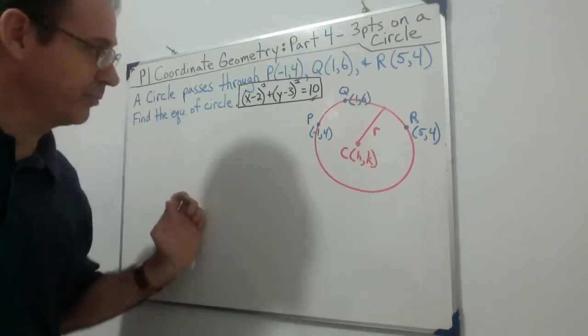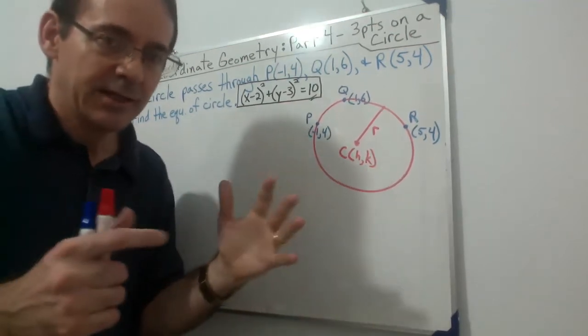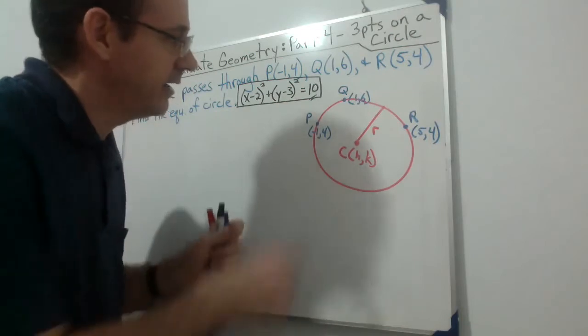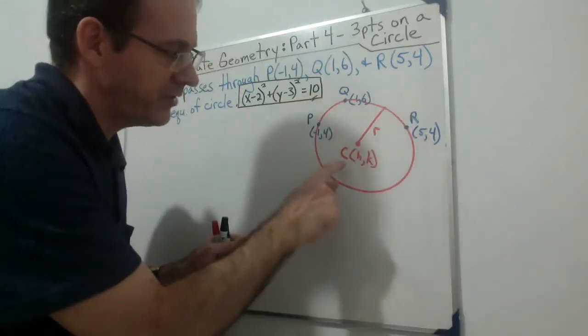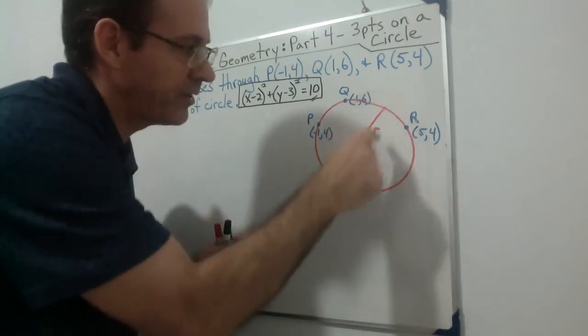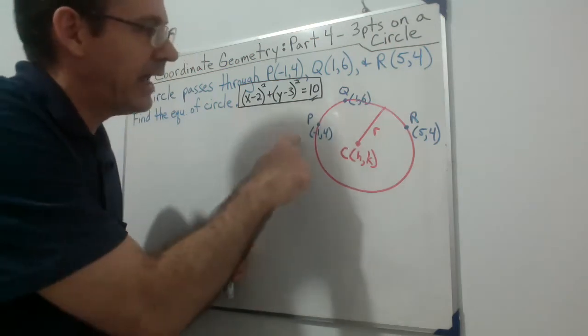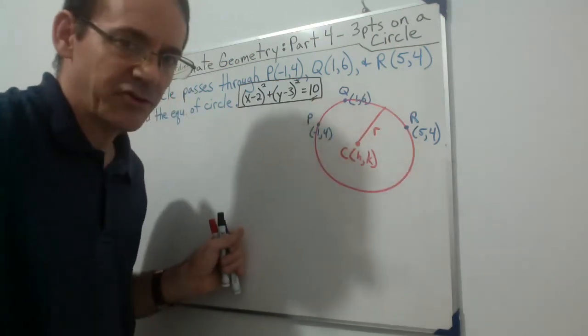I've redrawn the circle so that you don't see all those chords. Put the 3 points on. This time I'm labeling C as just H and K with an unknown radius. So these are our 3 unknowns, but we have 3 points on the circle.